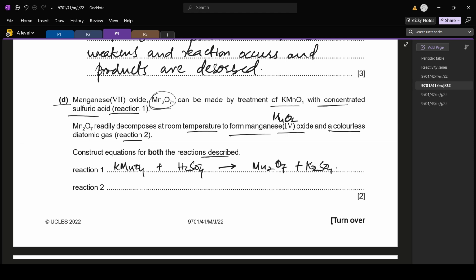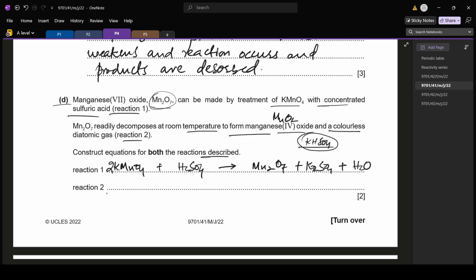And there is also hydrogen and oxygen, so it will form water. Okay, like this. You have to balance the equation. So this is the equation for reaction 1. And by the way, you can also write that this can form potassium hydrogen sulfate. Okay, but this equation is also correct.